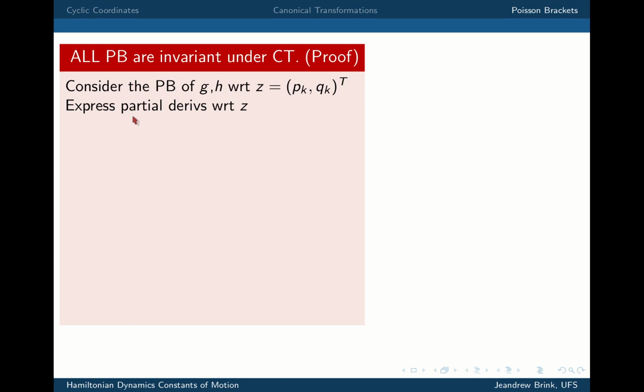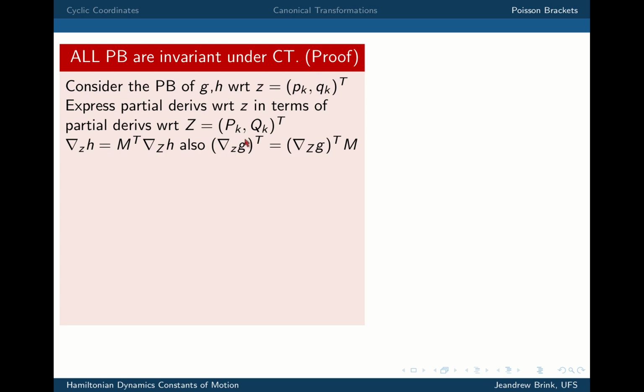We express the derivatives with respect to z in terms of the partial derivatives with respect to big Z. This is in some sense just systematizing some of the things I've already said. So the gradient of H with respect to z is equal to M transpose times the gradient of H with respect to big Z. And you also have the transposed version: the gradient of G with respect to z, transposed, is the gradient of G with respect to big Z, transposed, times M.